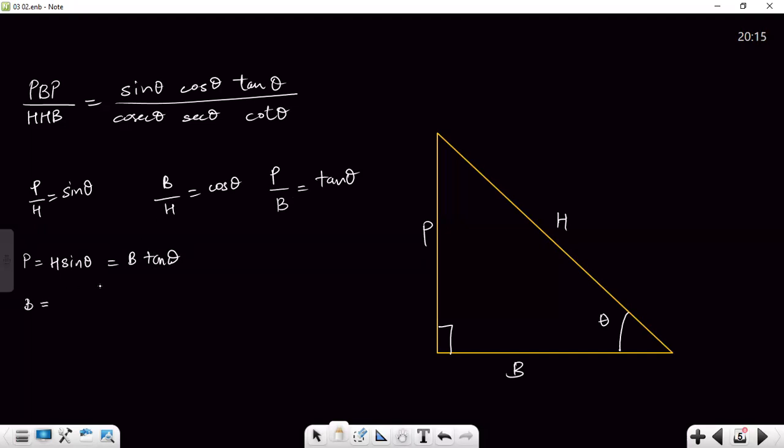Base can be written as H cos theta, and base can be written as P by tan theta, that is P cot theta. So now we have discussed how we can write these. What is most important is this relation: base can be written as perpendicular into cot theta.